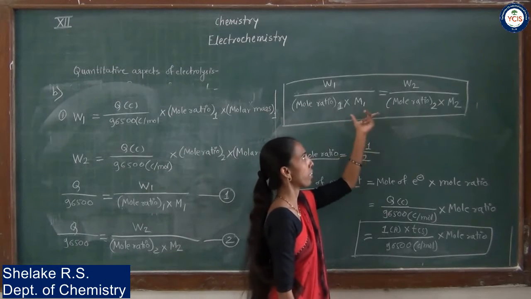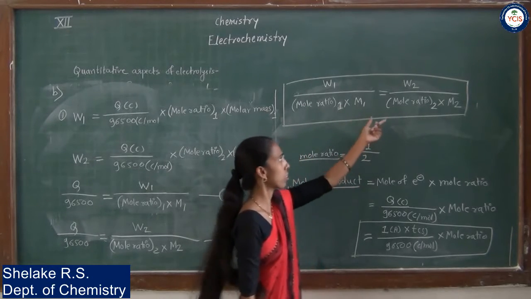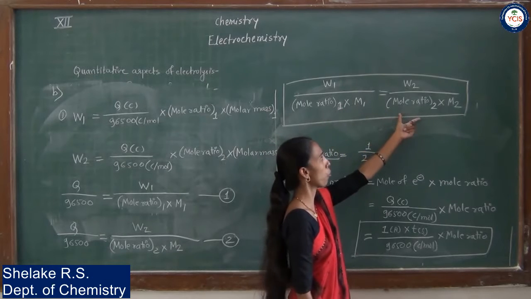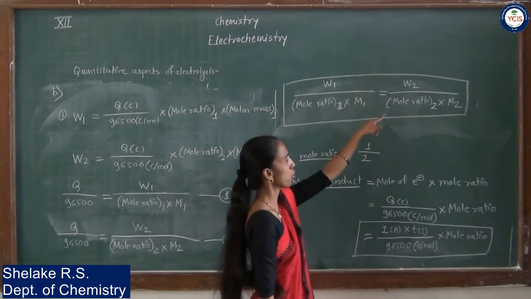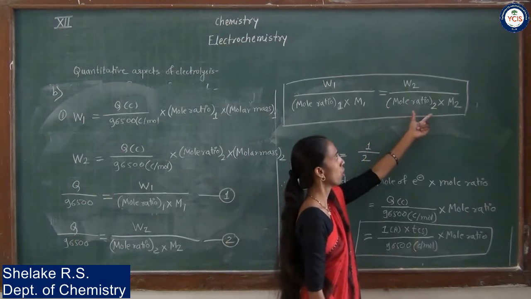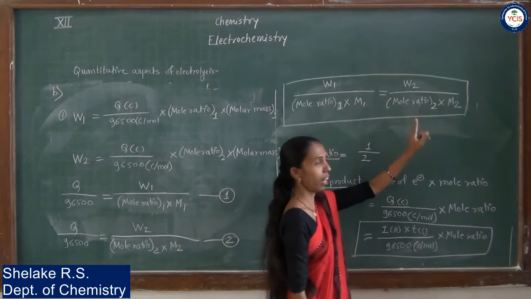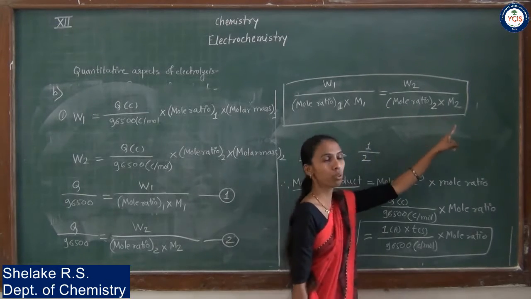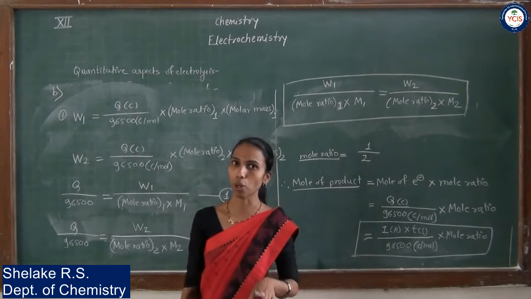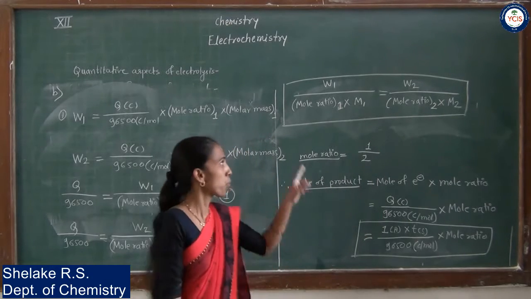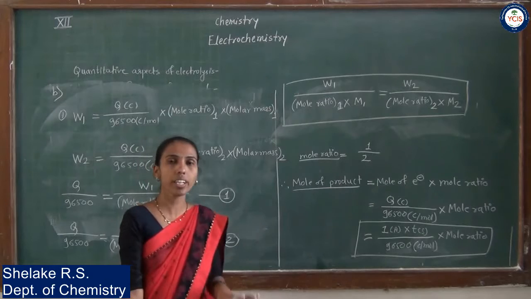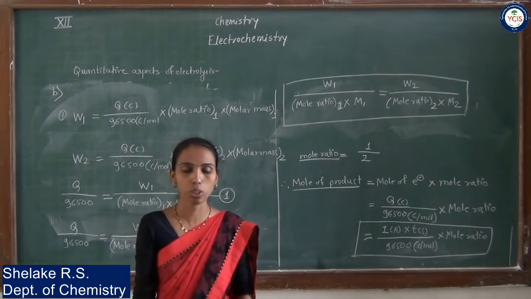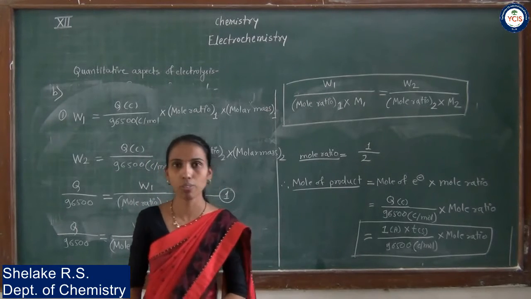Similarly W2, with the molar ratio of product at the second cell into M2, where M2 is the molar mass of the product at the second cell, and these two ratios are the same. So this is all about the quantitative aspects of electrolysis. Okay, we'll stop here.